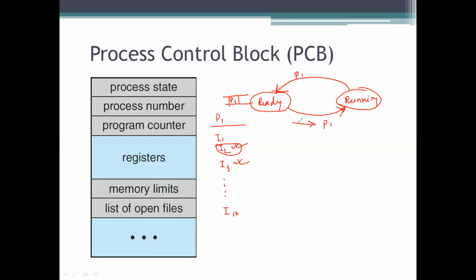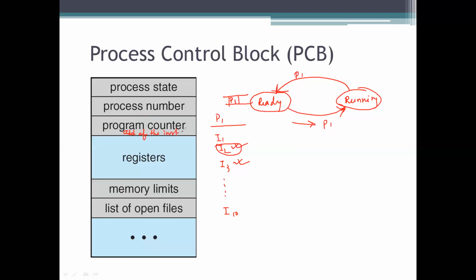So what happened over here? When the process is sent back from the running state to the ready state, the program counter will store the address of the instruction to be executed next.